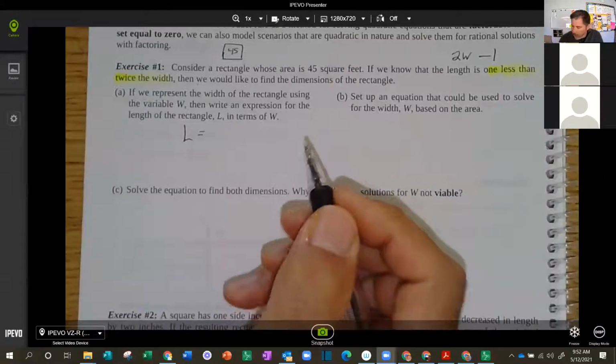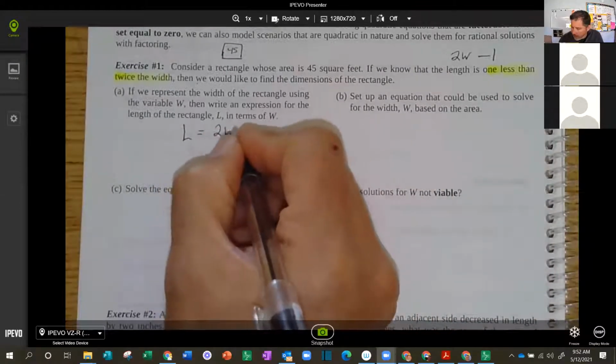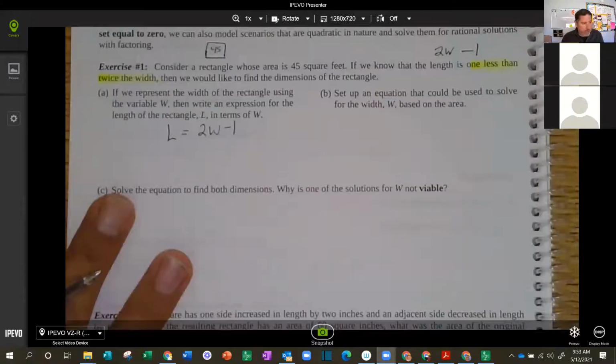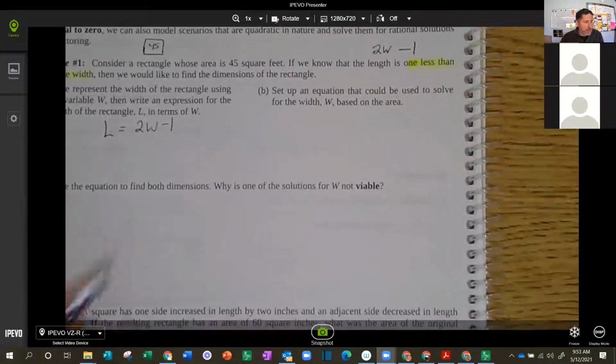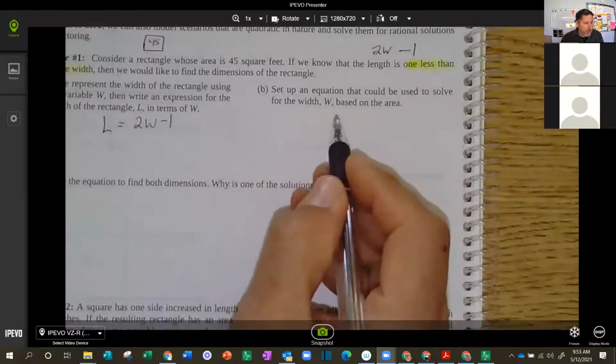So we need to take this expression and make it equivalent to the length. So L equals 2w minus 1. That's the first step of understanding how to do these word problems, knowing how to break word sentences into math sentences, or in this case expressions, and then finally equations. Set up an equation, so it has an equal sign, that could be used to solve for the width.